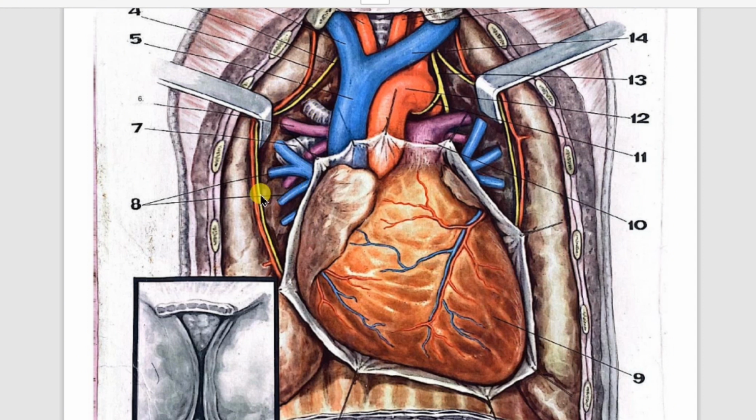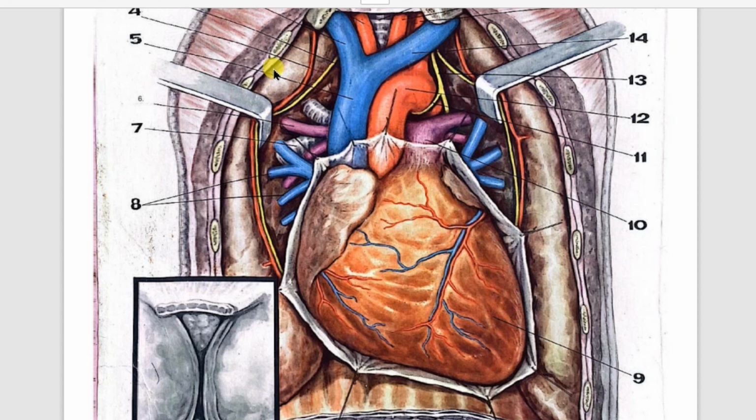So what's the syntopy of the lung root? Supero-inferiorly, from superior to inferior in the right lung, we find first the principal bronchus, then the pulmonary artery, and the pulmonary veins. So literally we can say BAV: bronchus, artery, veins.